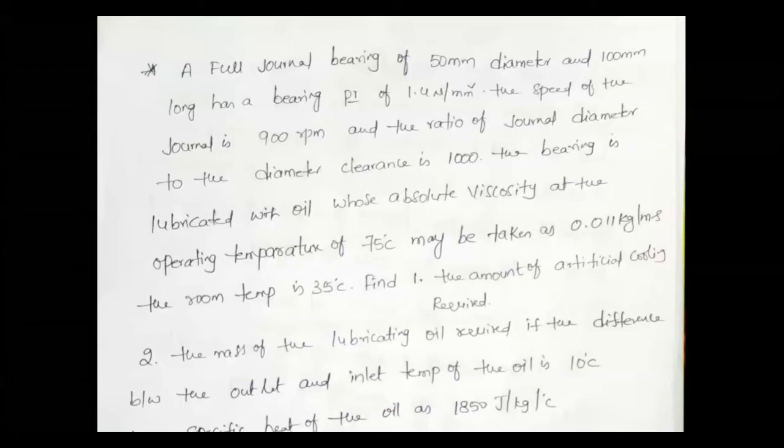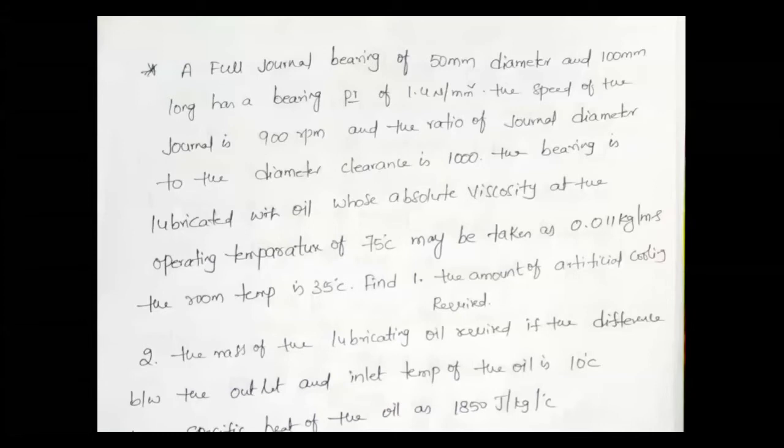In this problem especially, they have directly mentioned that the amount of artificial cooling is required. Whenever the amount of artificial cooling is required, I already told you that it is the difference between the amount of heat generated and the amount of heat dissipated. Please keep this point in your mind.